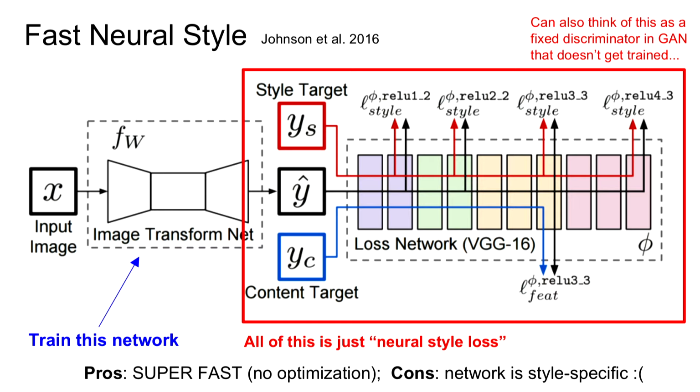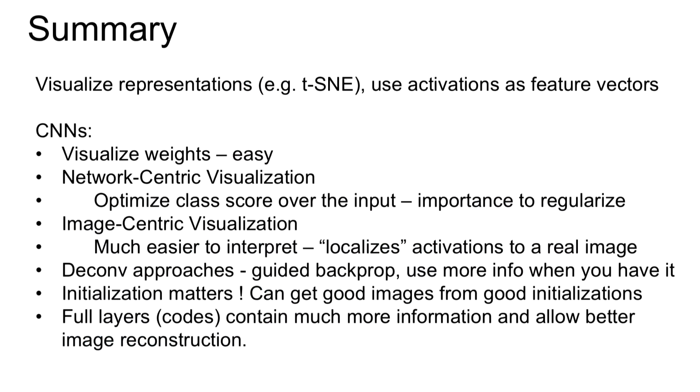I see. All right, so there are 3 different types of image that come in for training: the content target and the style target, and then the input image goes through the middle. So it doesn't require any optimization and produces a styled image in basically real time. All right, so let's stop there.